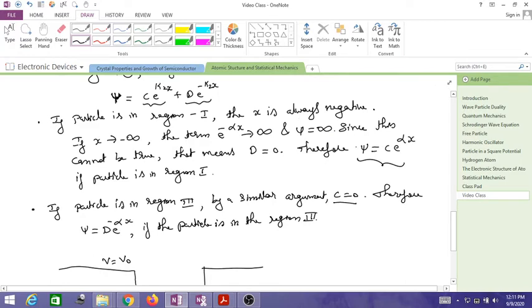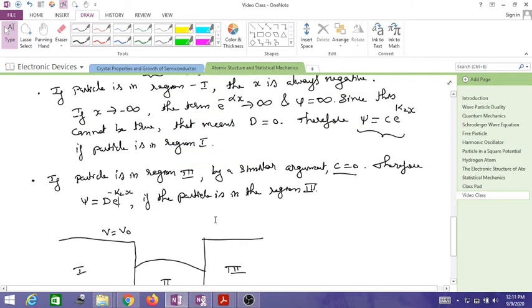Let me correct this, it is not alpha, it is k2 here as well. Yes, it is k2. I need to make some corrections here as well.